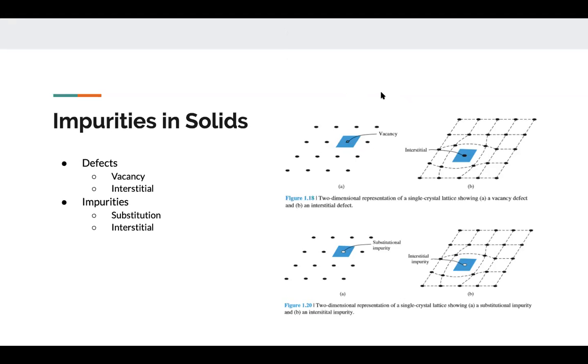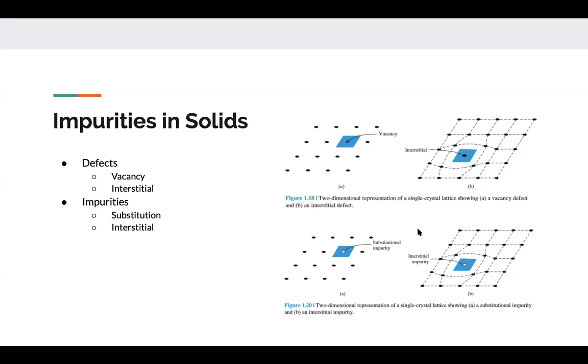So let's say there's an atom missing from a corner of a unit cell, or missing from the lattice structure, that's a vacancy. There's an interstitial defect where there's an extra atom that essentially causes the lattice structure to change shape because of the electromagnetic forces happening inside it that repel the nearby atoms. And then you have impurities where there's a different atom inside your element.